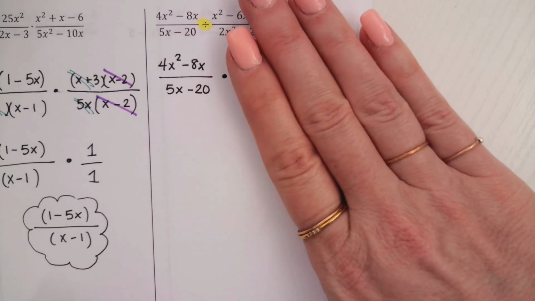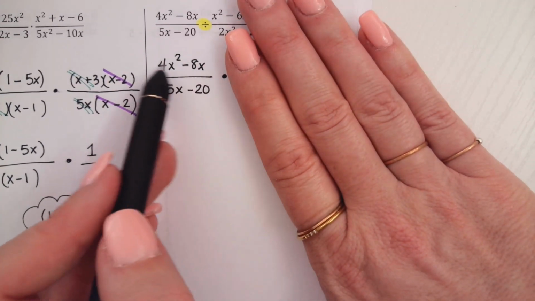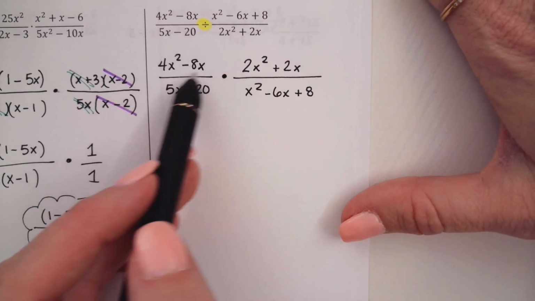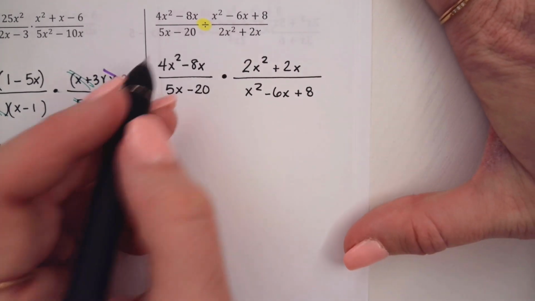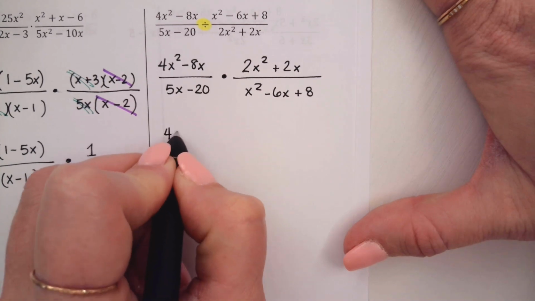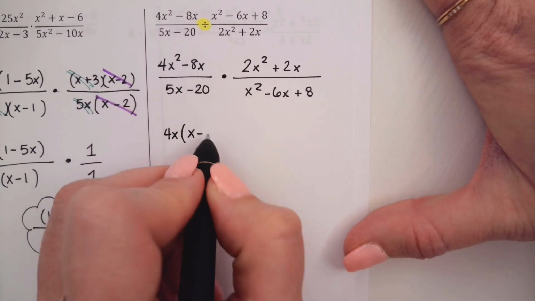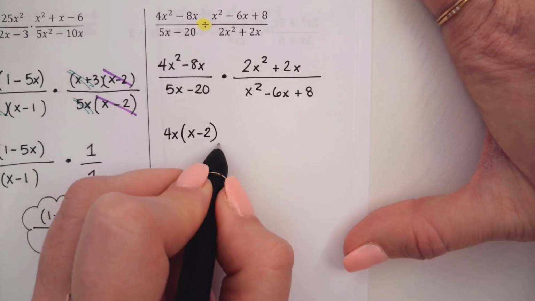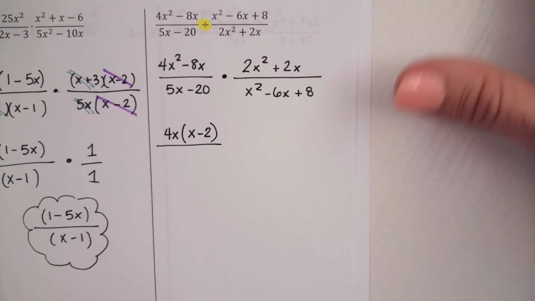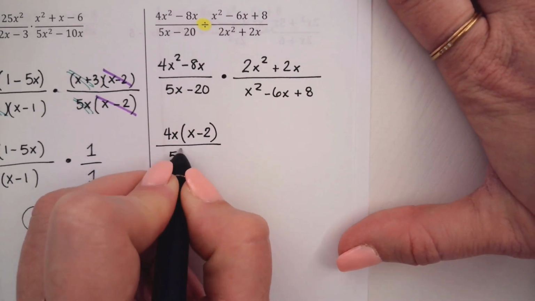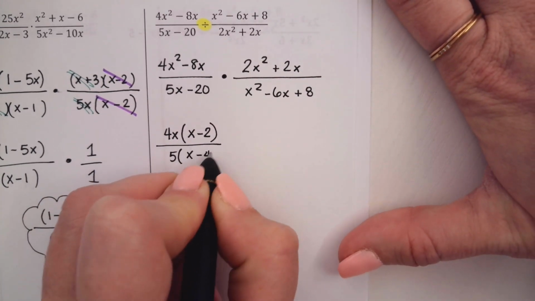So on my first fraction, on the numerator, what do I got there? GCF. GCF of 4x. Good. And then if I divide out 4x, I'm going to have x minus 2. Okay, on the bottom, yep, divide out the 5. Not a whole lot. X minus 4 is what I have left.